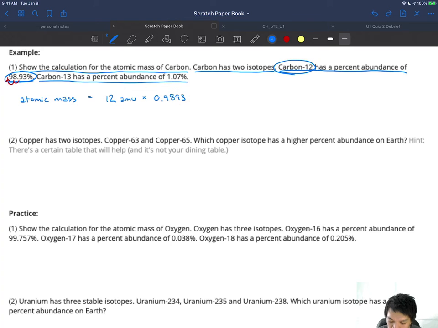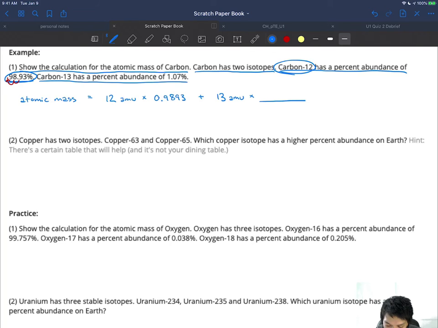Okay, what we're going to do now is take this and add it to the other isotope, which is carbon-13. So plus, and carbon-13 has an atomic mass unit of 13 AMU, atomic mass units, okay? And then we're again going to multiply by the relative abundance. The relative abundance, again, is the percent abundance divided by 100.